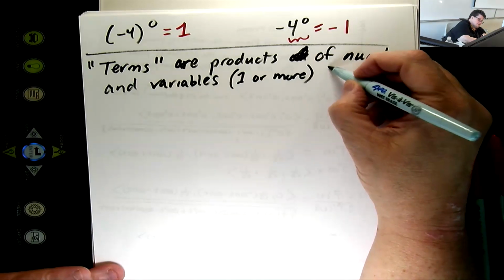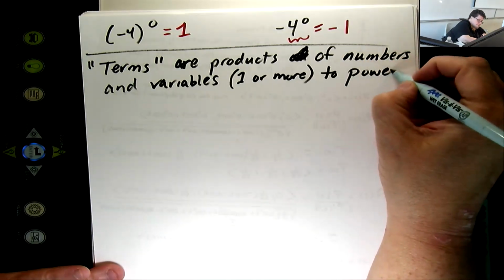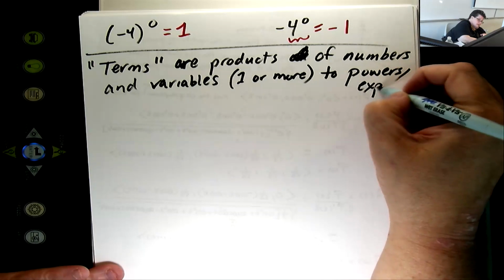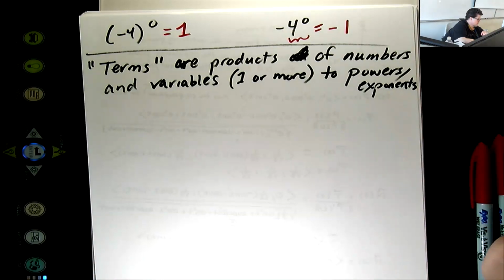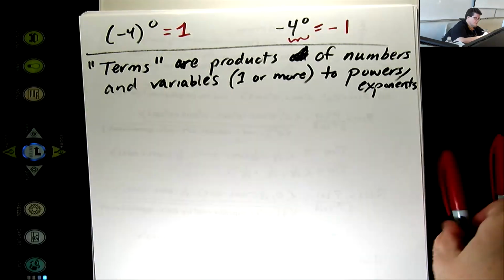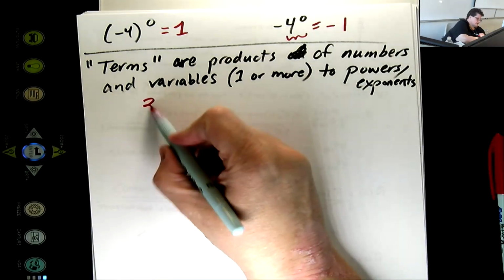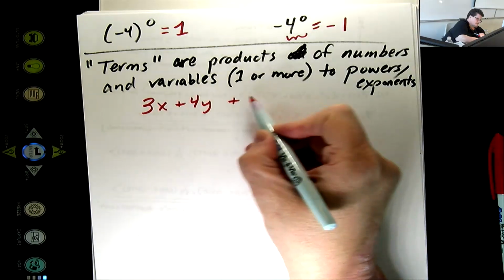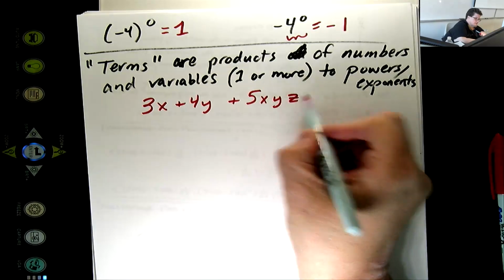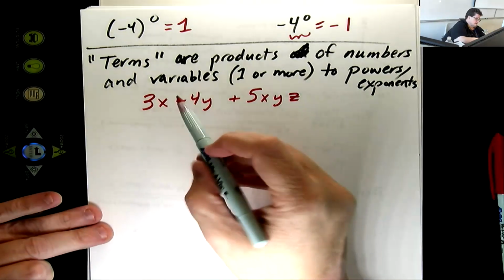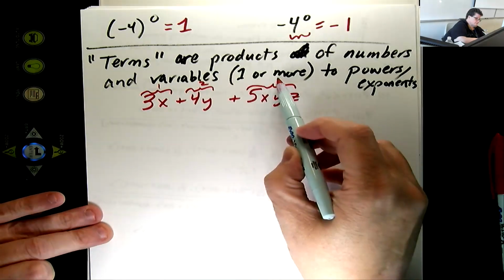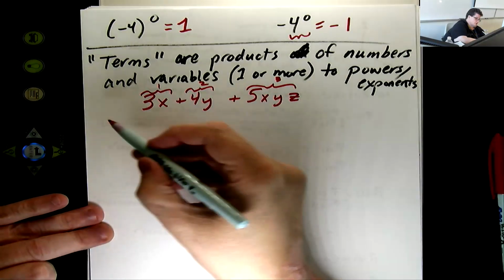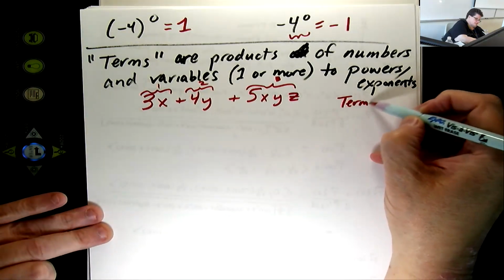And there can be exponents involved, powers. For example, 3x plus 4y plus 5xyz. That's one term, that's the second term, and that's the third term. So terms are separated by addition and subtraction.